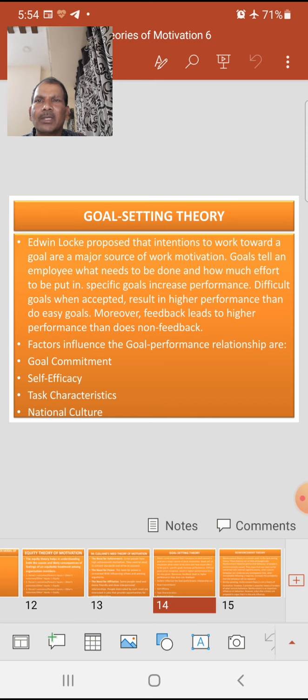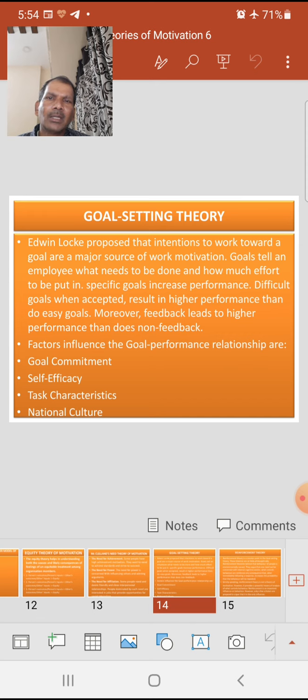And self-efficacy. Self-efficacy refers to an individual's belief that he is capable of performing a task. The higher the self-efficacy of a person, the more confidence he will have in his ability to succeed in a task. In difficult situations, people with low self-efficacy are more likely to lessen their effort or give up altogether, whereas people with high self-efficacy will try harder to master the challenge.